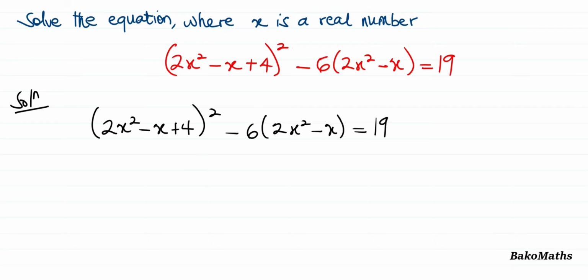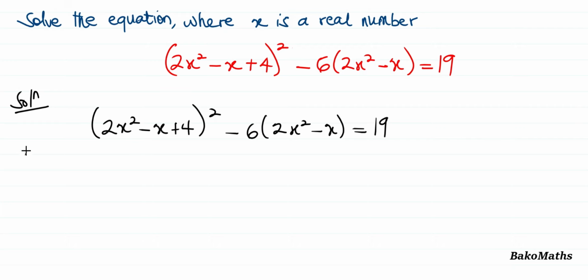Looking at the equation, we can see 2x² − x appearing at this side. That is the same 2x² − x. So we can see that this 2x² − x is appearing twice. So here we can equate it to a common variable and continue with the solution.